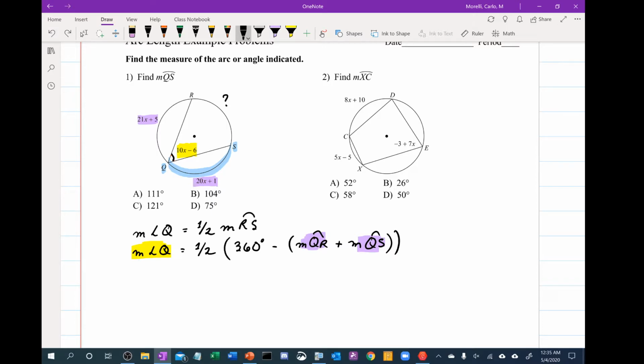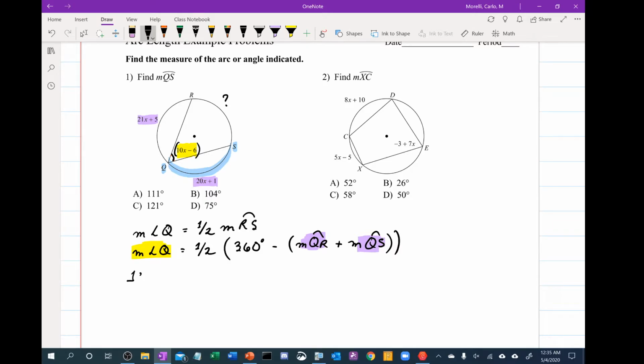And ultimately, whatever 10x minus 6 is, it's equal to 1/2 of all that stuff we're about to do. So just keep all that in mind as we move forward. Don't let this math get in the way of understanding that you're just doing 360 minus the sum of two other arcs. So instead of writing the measure of angle Q, we'll write 10x minus 6.